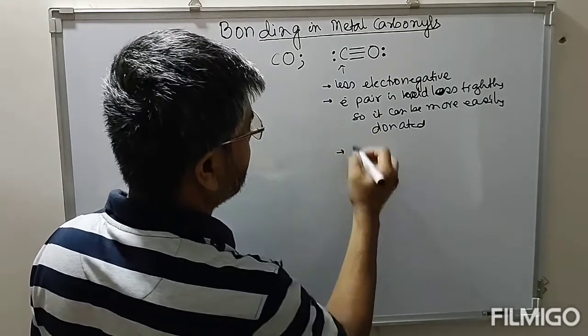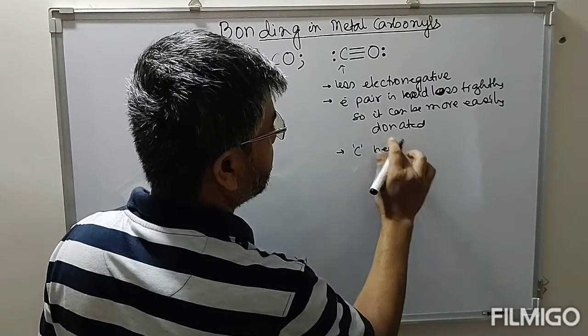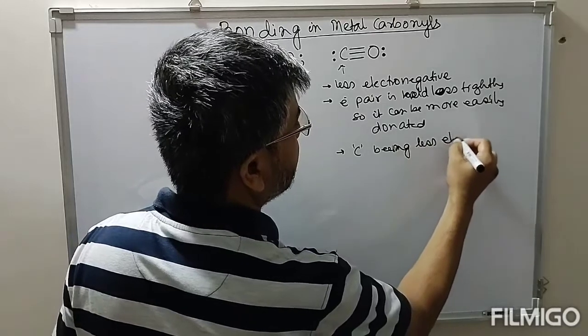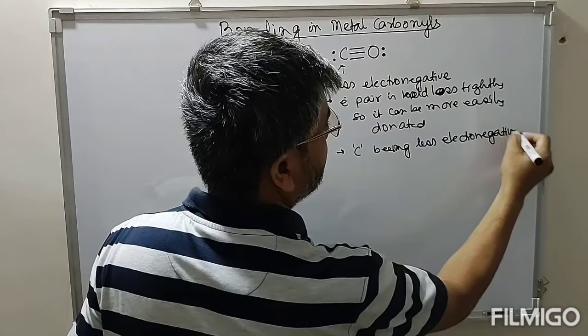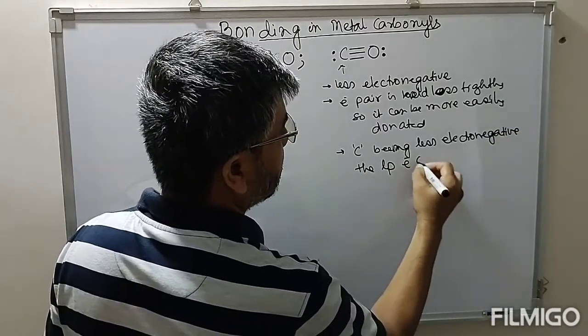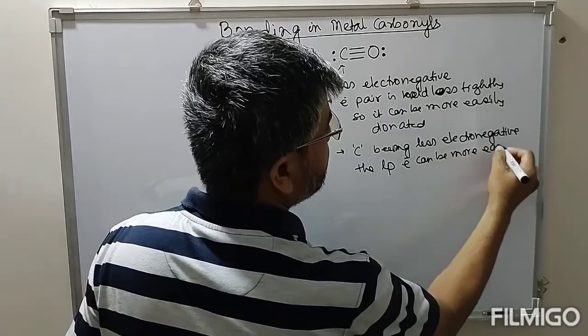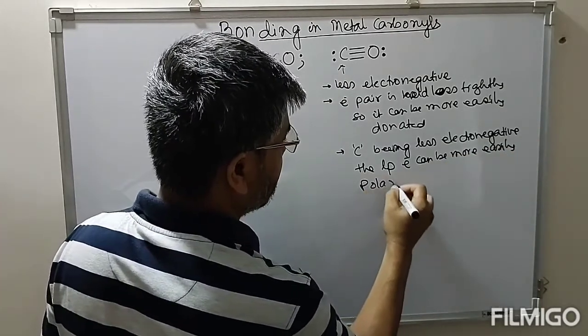That means the lone pair electrons on carbon can be more easily polarized.